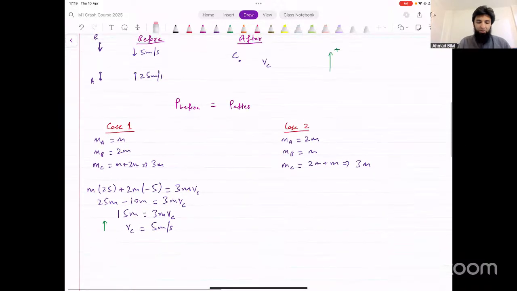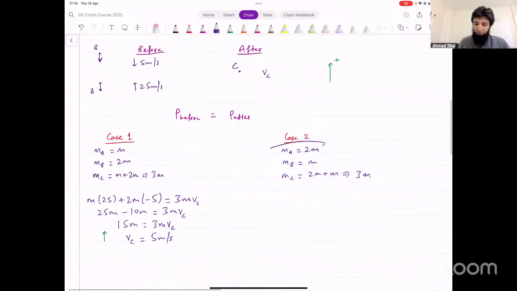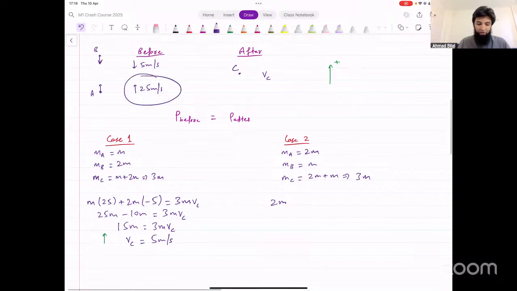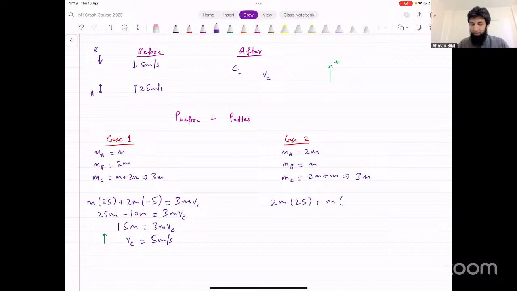What happens in case two? In case two, the mass of A is twice the mass of B now. Mass of A, that's 2M, times the velocity of A, that's 25, plus mass of B, that's M, into velocity of B, that's minus 5 meters per second.